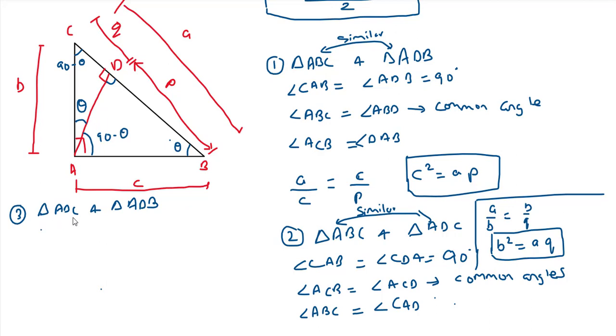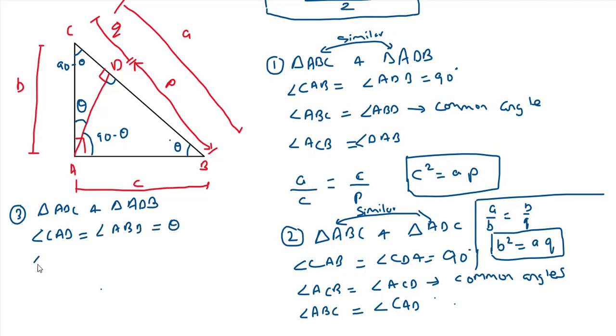If we see triangle ADC and triangle ADB, we find that angle CAD is equal to angle ABD, since both are equal to theta.